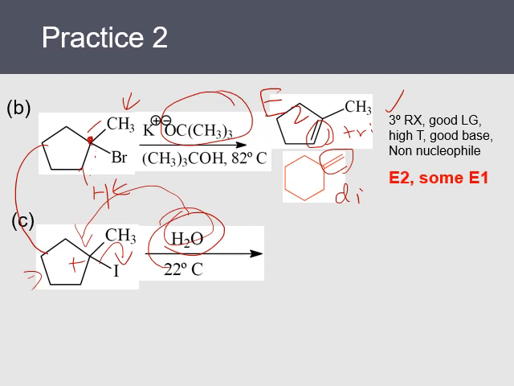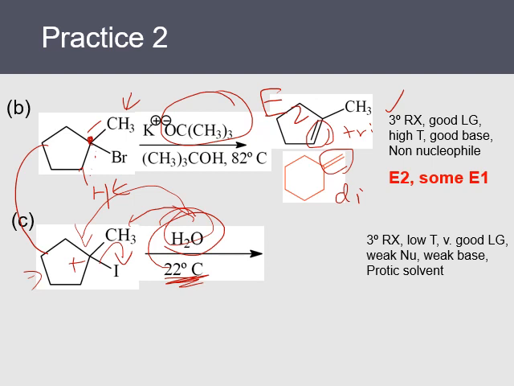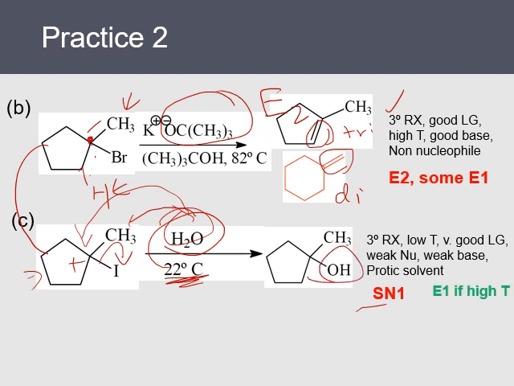E1 is when water takes a hydrogen and forms a double bond. But this temperature is low. Low temperature favors substitution. High temperature favors elimination. So the product should be the SN1 substitution reaction. And E1, if you increase temperature, then elimination will be the major product.